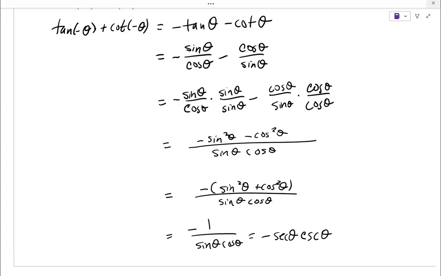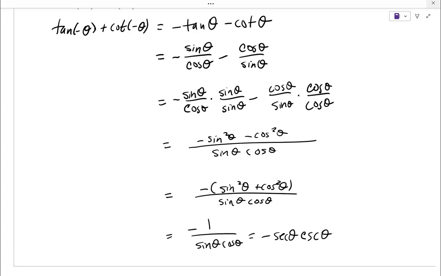This one was a pretty good first example because we took a more complicated side and tried to put it together to get to a simpler side. We used known identities in that first step, and in the next to last step we got stuck a little bit and said, okay, I'll convert everything to sines and cosines.